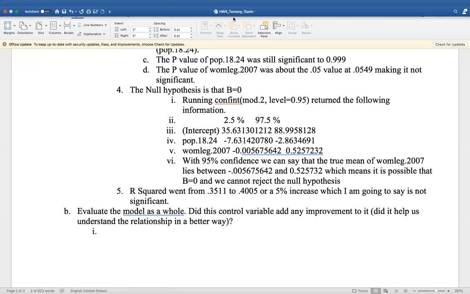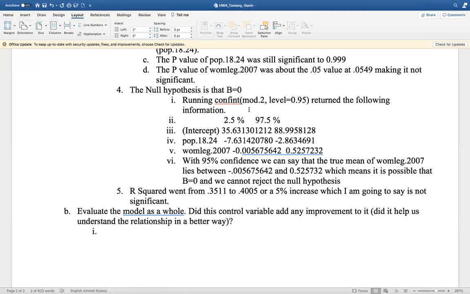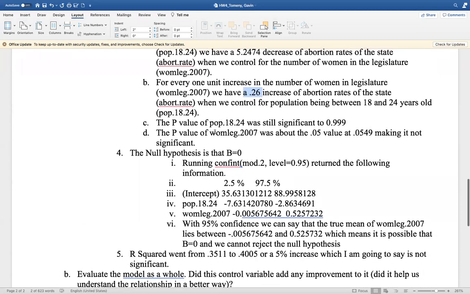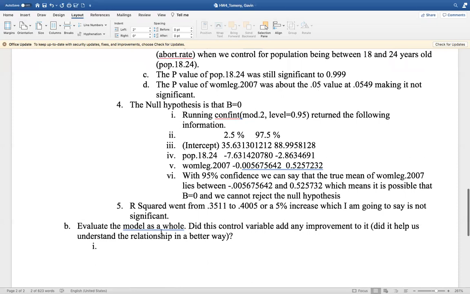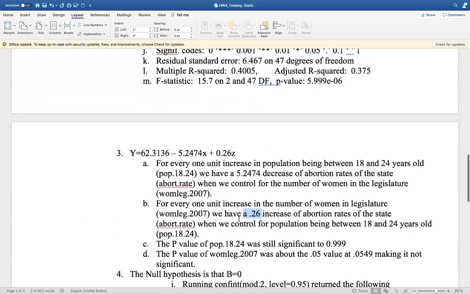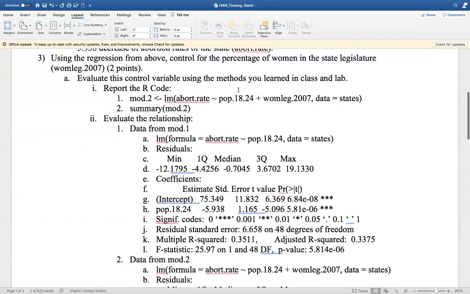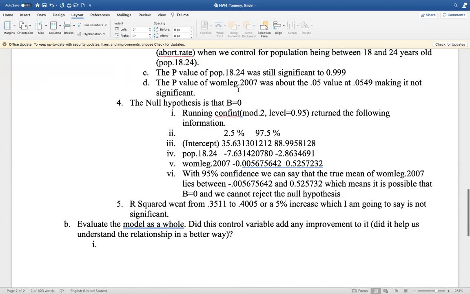I have a feeling that was just something extra that I did. Because the thing that I believe he's going to want you to look at is the p-values and R squared, because he says in here, evaluate the control variable using the methods you've learned in this class and lab. The methods that we learned were checking the p-value and checking the R squared.